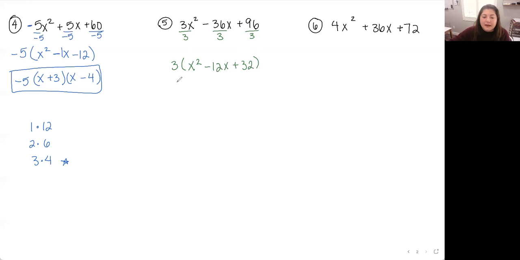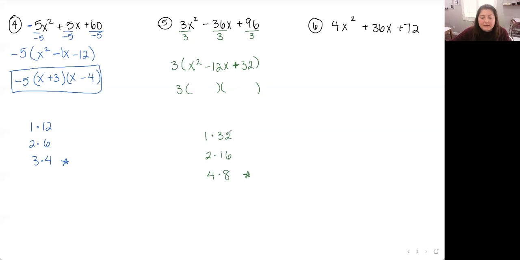So let's take a look. We can absolutely factor this again. And let's take a look at my factors of 32. So 1 times 32, 2 times 16, 3 doesn't go in, 4 times 8, 5, 6, 7 don't go in either. So let's see if I can start from the bottom and work my way up. I'm looking for a positive 32.